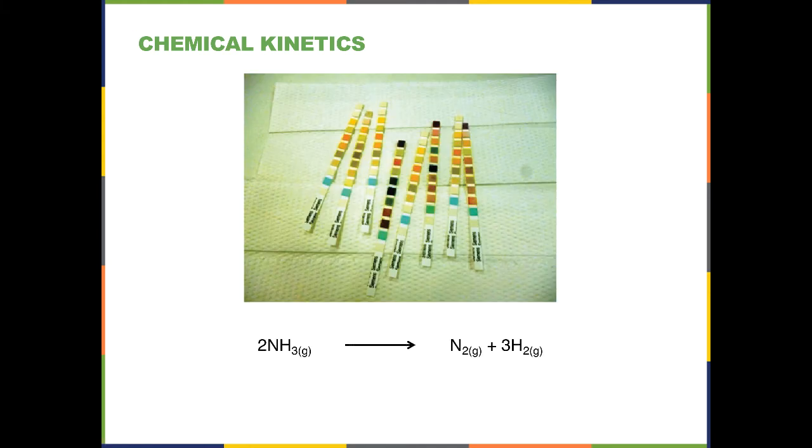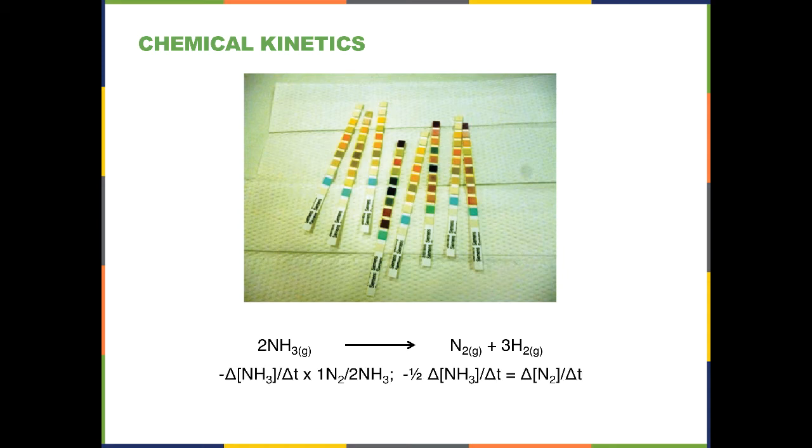So here's another reaction. We have 2 ammonia gas molecules going to form nitrogen gas plus 3 hydrogen gas molecules. So that's 2 molecules of ammonia breaking down to form 1 molecule of nitrogen and 3 molecules of hydrogen.